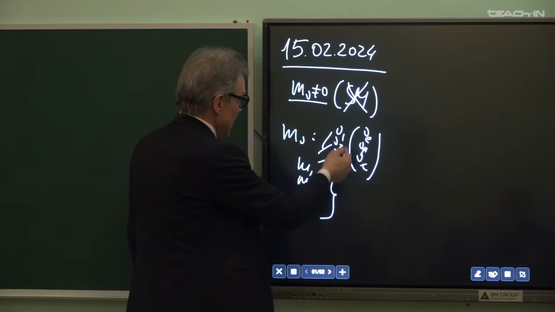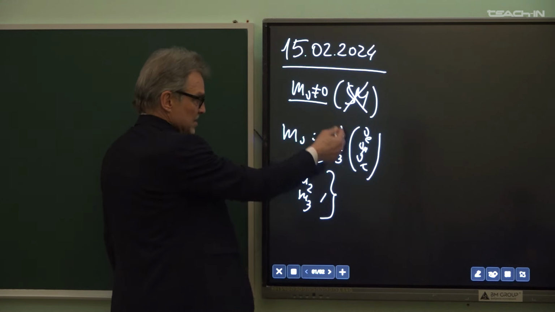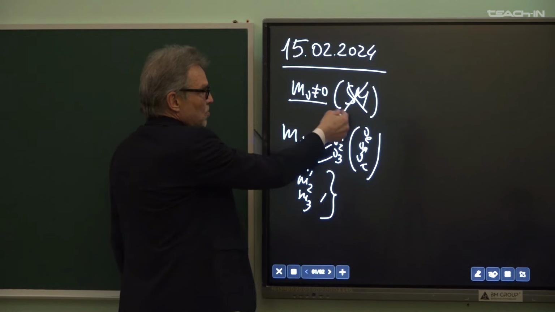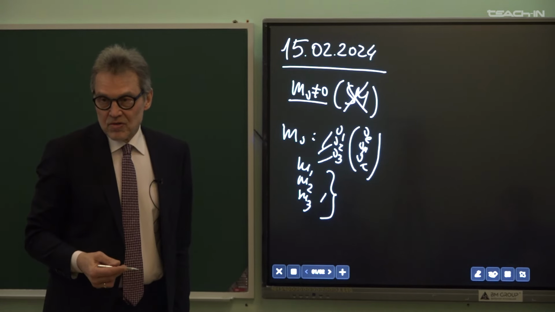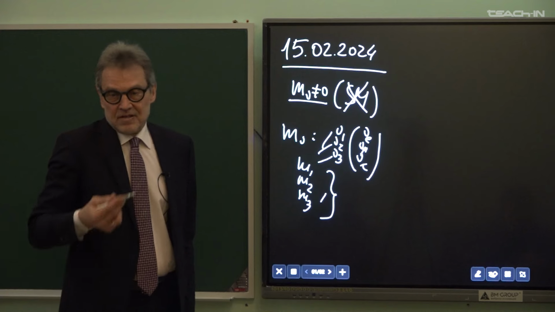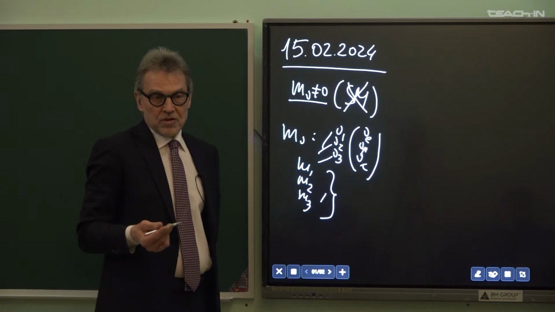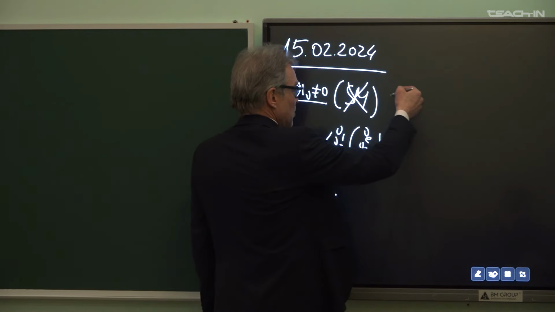Of course, these experimental results force us to go beyond the standard model describing neutrinos. It's inevitable. It's an experimentally proven fact.